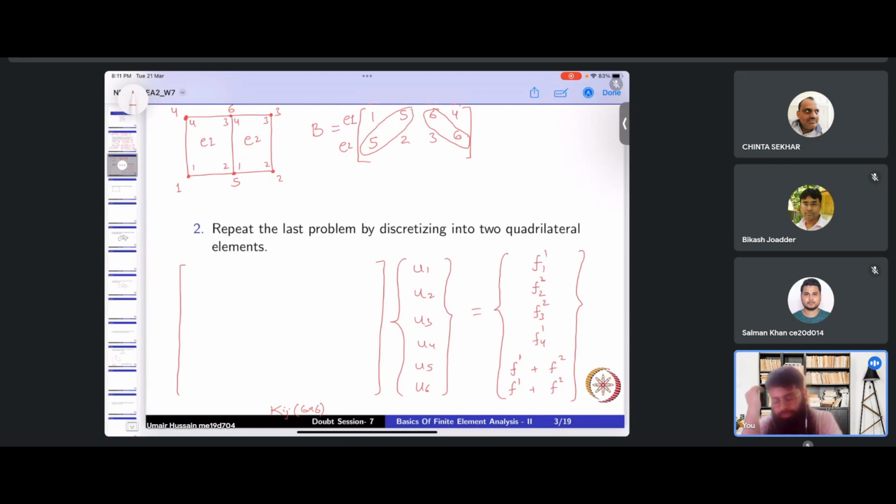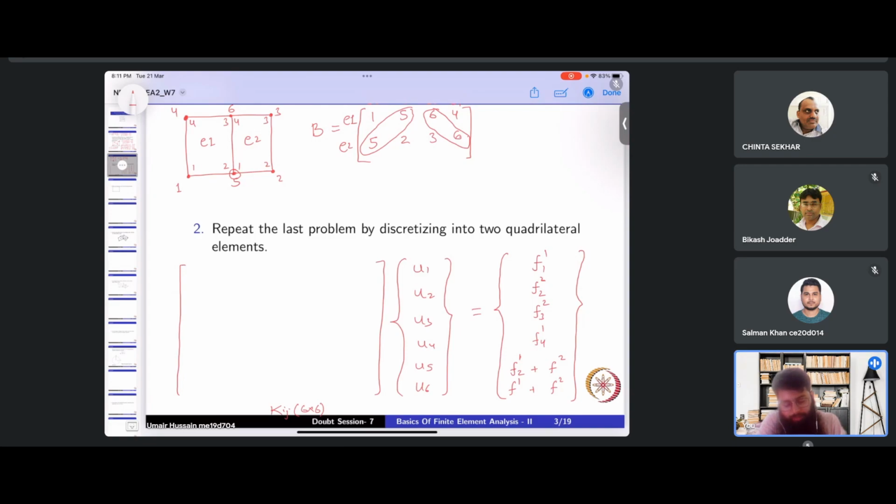So you can look at this. This is node 5 here. For element 1, which node is it? The global node 5 becomes which local node for element 1? 2. Right, so that second node contribution would come.